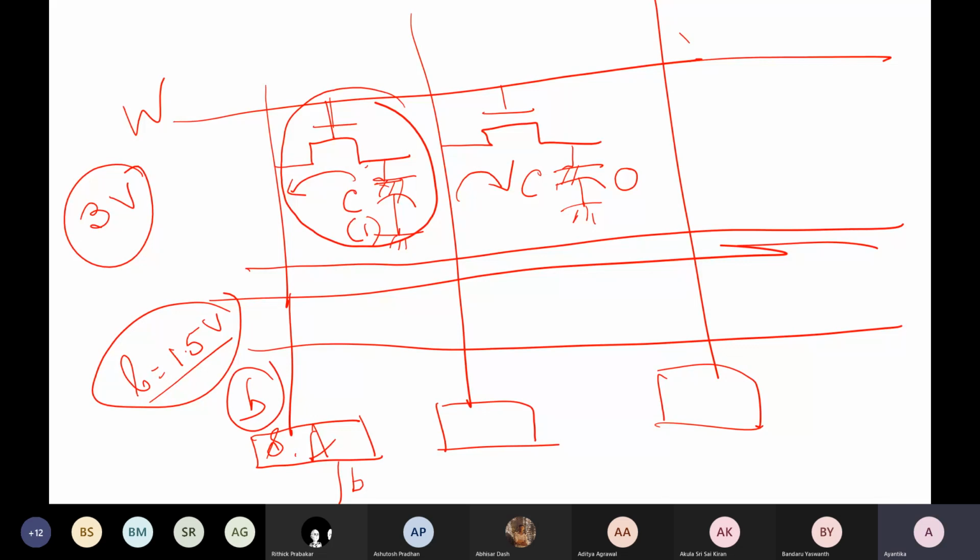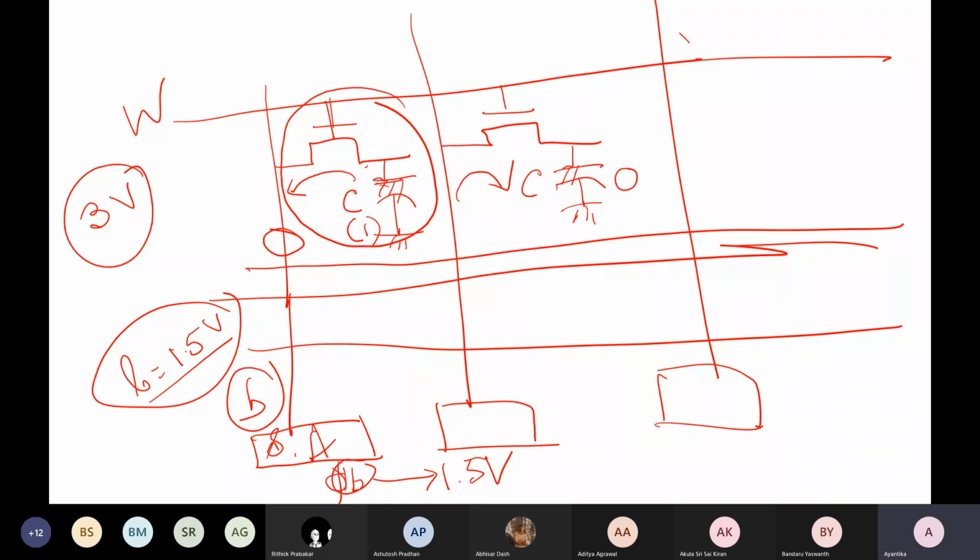But this sense amplifier, this particular block, is not connected to just one bit line. It is connected to another bit line also. We have two bit lines together connected to the sense amplifier. Now that bit line also was initially holding 1.5 volt, and there is no change in voltage due to this discharging or charging. So in that way, there is a voltage difference between this bit line and this bit line. Correct?